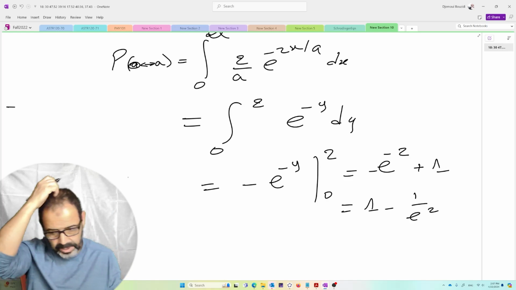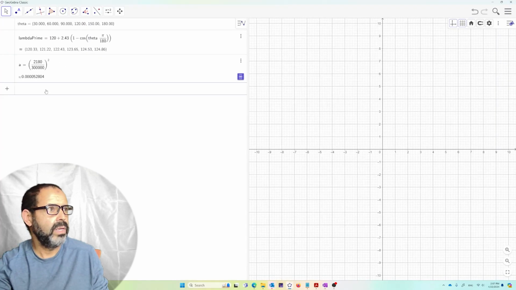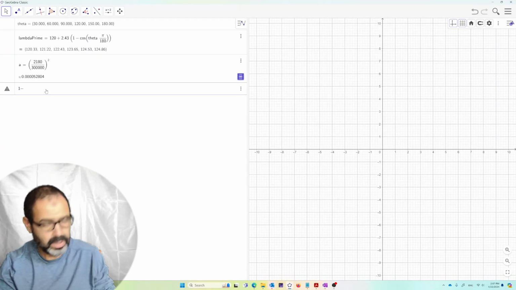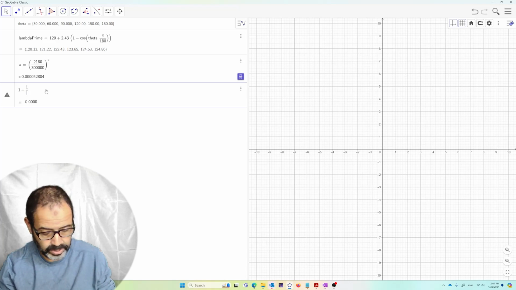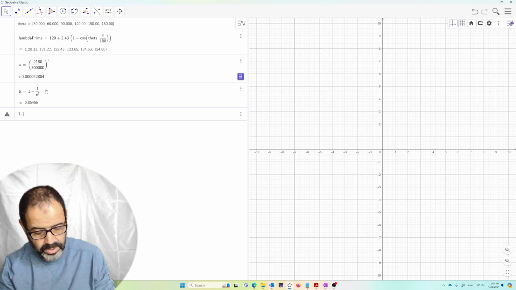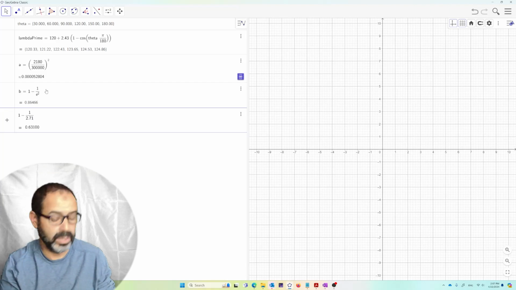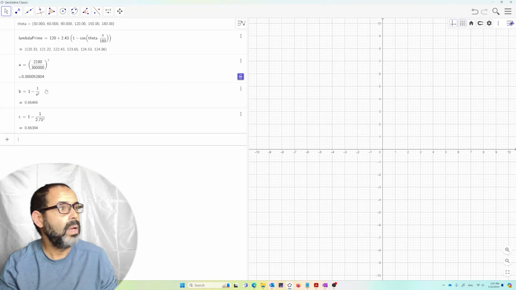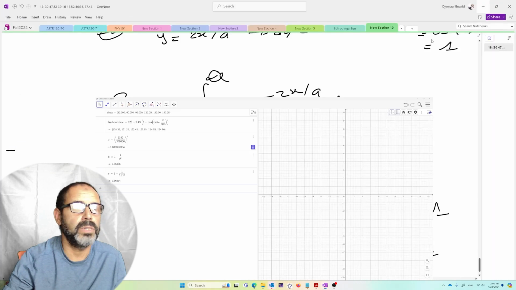If you plug the number into a calculator, sometimes the calculator doesn't have e, so it's probably better to write it as 1 minus 1 over 2.71 squared. It's worth remembering the value. It's 86%, so 0.86 or 86%.